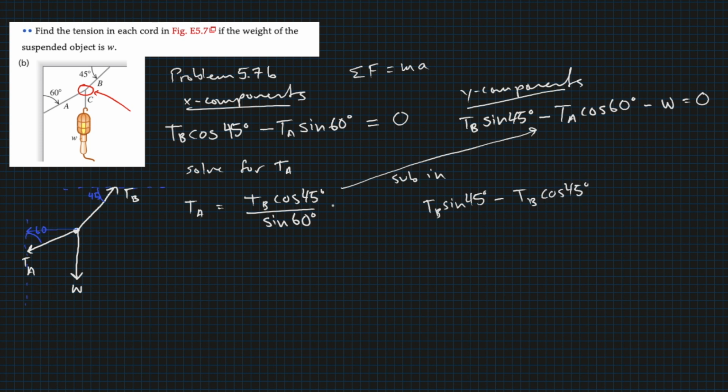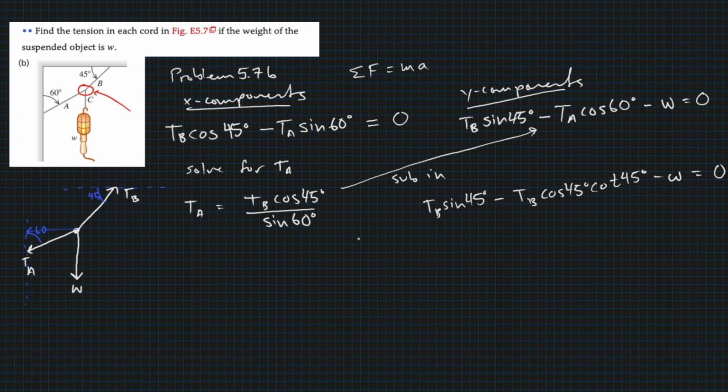Right, this is now what our TA value has become. And then we're going to have cosine of 60 degrees divided by sine of 60 degrees, which is just our cotangent of 60 degrees. So I did a little bit of simplification there. Hopefully that's clear how that happened. But all I did there was substitute in tension A into our second equation here. I've got our minus W still there, and all that's equal to 0 still.